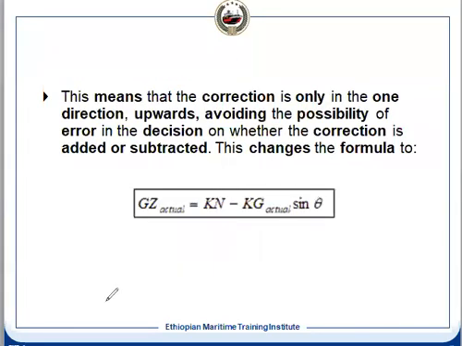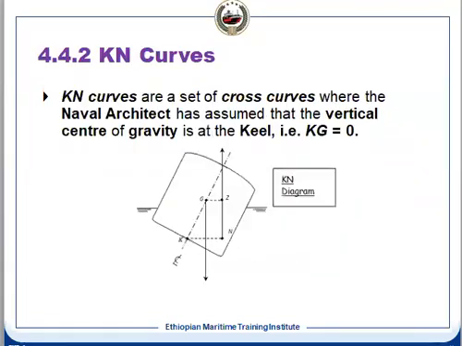So in that case, we will always have GZ actual equal to KN minus KG actual sine theta. This is the way we calculate, because in this case we have taken this value from the curve, but actually it is here. So this much we'll have to deduct. It will be KG sine theta.